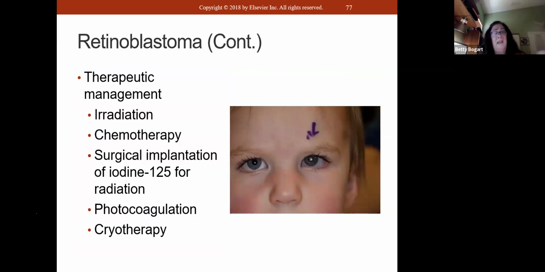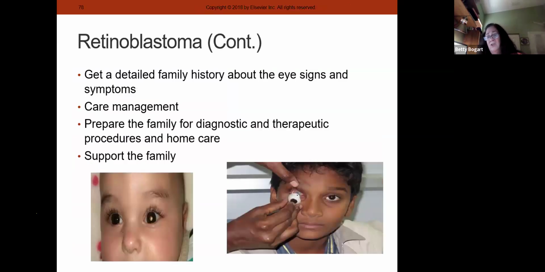It's a big thing. It's radiation, it's chemo, it's surgery. You have to take the eye out completely, and then they usually will put a prosthesis in there. One of the things with retinoblastomas is nursing history: what happened? What were the signs and symptoms that led up to it? Are they having frequent eye infections or tearing or pain? Just to get to the bottom of why this went on.